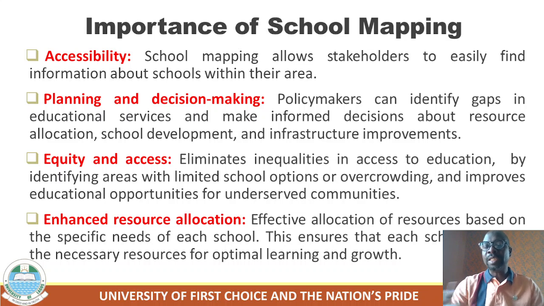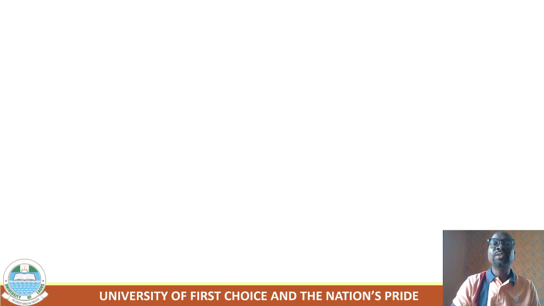So we can rationalize the available resources so that school A that needs physics teachers will be given physics teachers. School B that requires more mathematics teachers will be allocated more mathematics teachers, so that there will be optimal learning and growth of the school and the student.